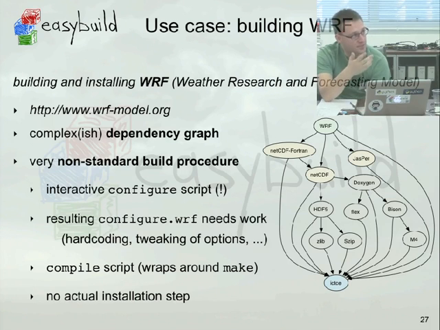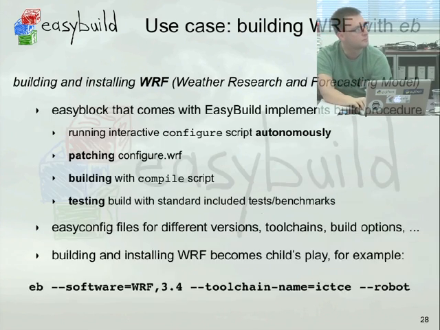Okay, so this is very non-standard. You forget about configure and make. It's using make, but not directly. So how you do this with EasyBuild is you write an easyblock, because each of the important steps, the configure and the build, is non-standard. So what EasyBuild does, it runs the configure script but autonomously.